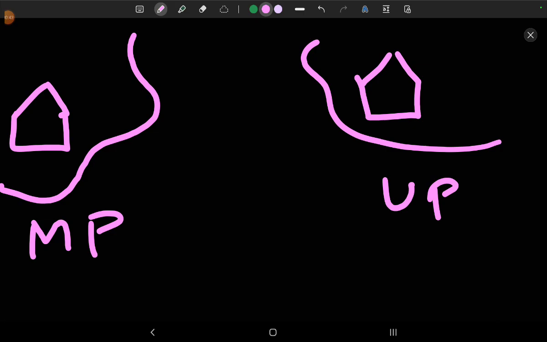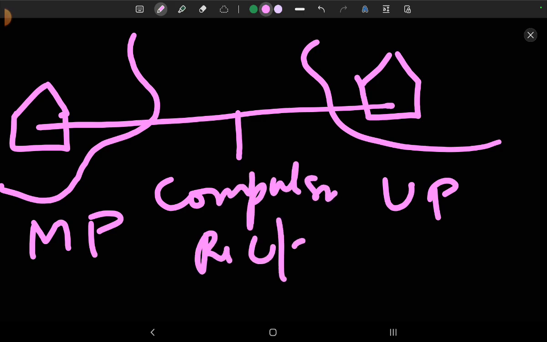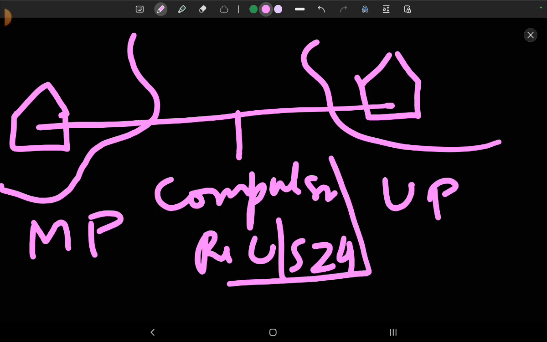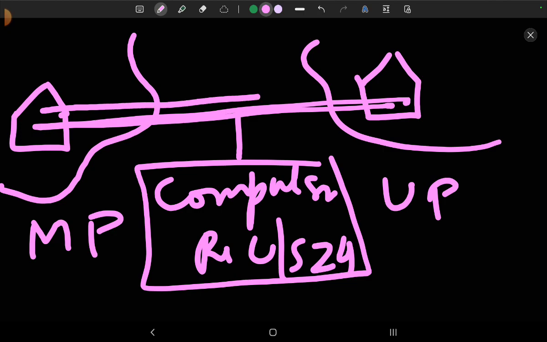Now if I make this an interstate supply, I have to get compulsorily registered under section 24. Now this is a rule. It doesn't matter what kind of supply I am making or what the threshold is. If this interstate supply is happening, then I will have to get registered. Interstate outward supply.